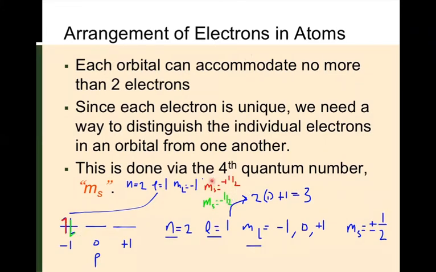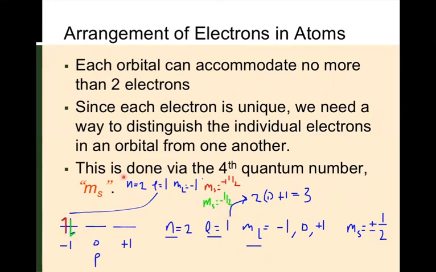So their first three quantum numbers are the same. N, L, and ML values are the same for both of these electrons, but then the MS values, plus a half and minus a half, are different. The red one, pointing up, is plus a half, and the one pointing down is minus a half. So up is positive, down is negative.